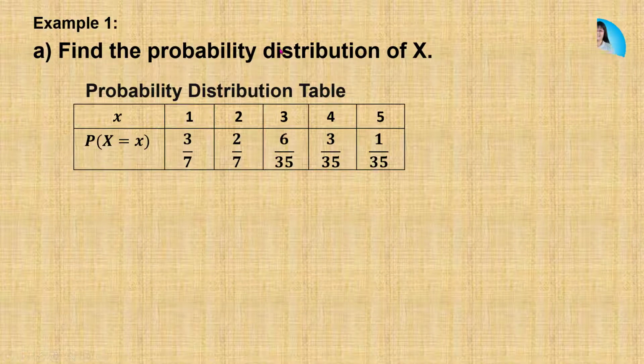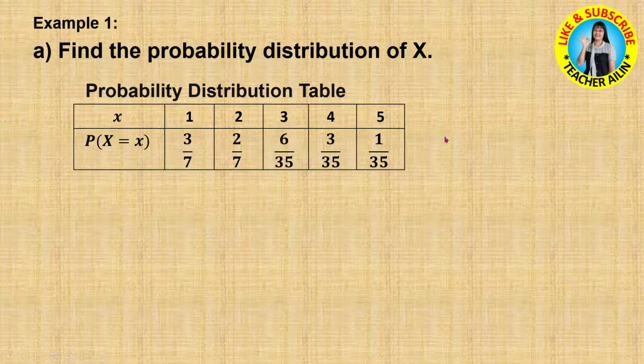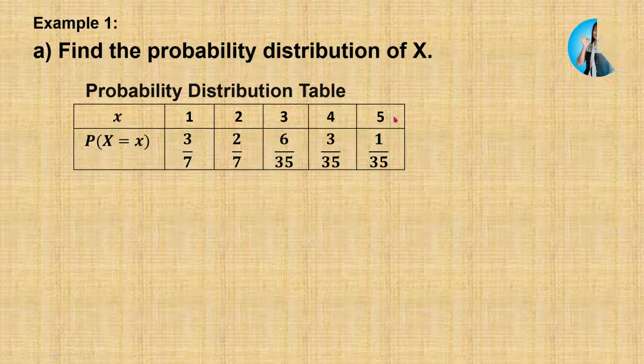So for the probability distribution of x, I'm going to list down all the possible values of x in a table and the probability for each of the possible values of x. So this is the probability distribution of x in table form.